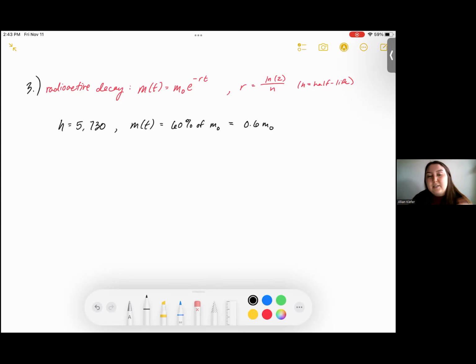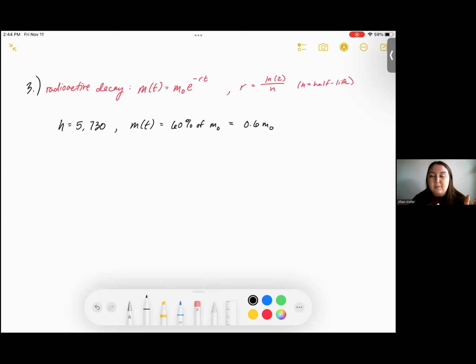So if we still have 60% of the original amount, that means that our m of t is really 0.6 times m naught. 60% of something, you can put into decimal, which would be 0.6, and multiply by whatever factor you have. So we can go ahead and plug these values in.